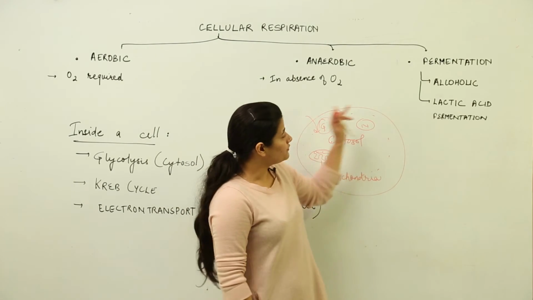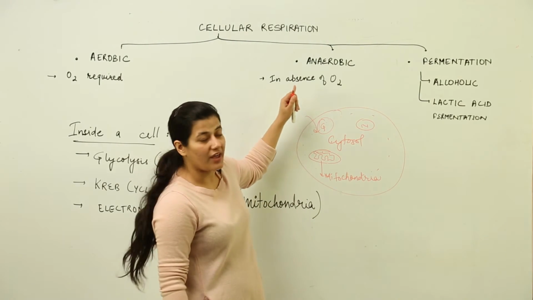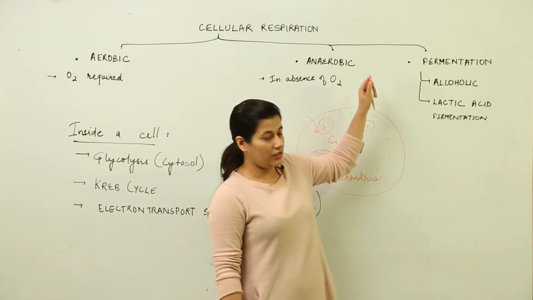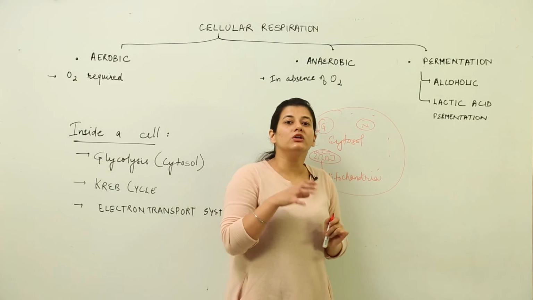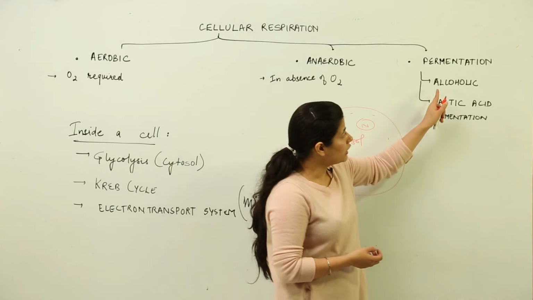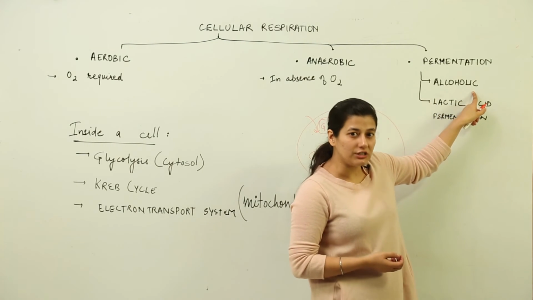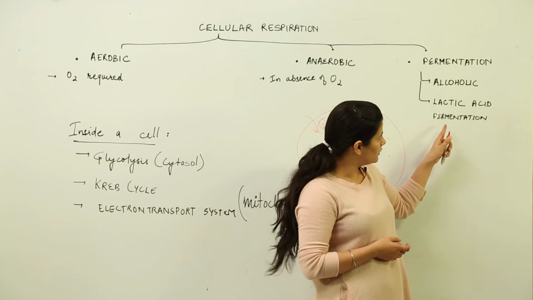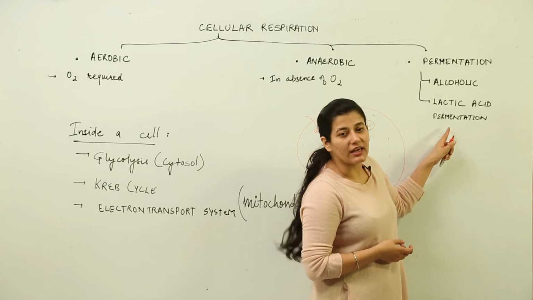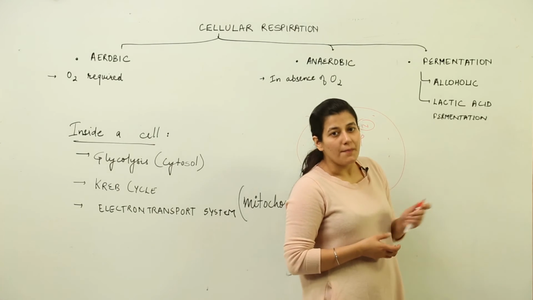So we have aerobic respiration, we have anaerobic respiration, and inside anaerobic respiration only we have fermentation, where the glucose molecule would result in the formation of ethanol in the case of alcoholic fermentation, and lactic acid in the case of our muscles.